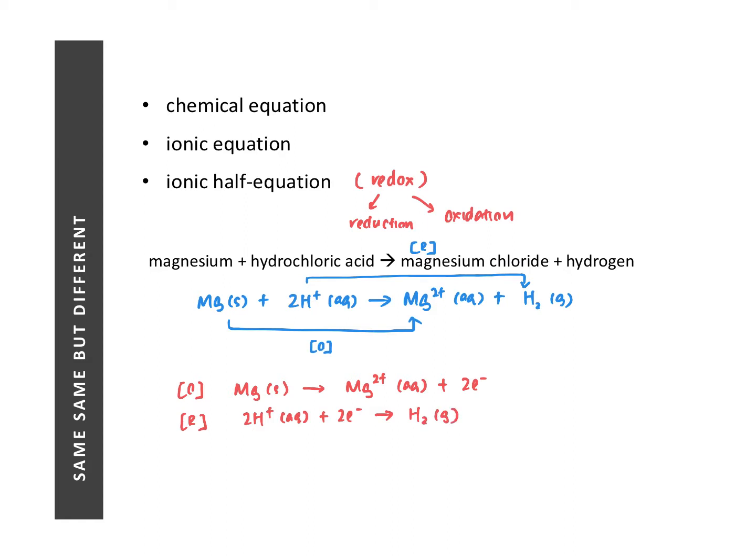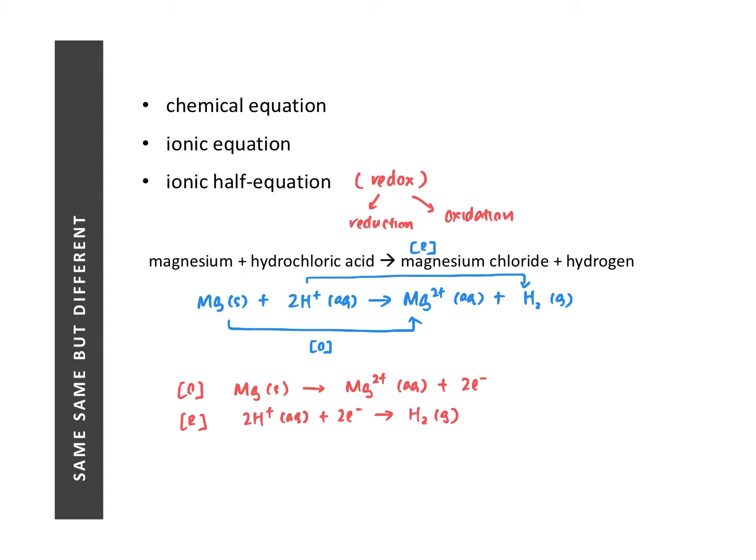So once again, when a substance gains electrons, it is reduced. So if a question requires you to determine which substance is oxidized or reduced by means of electron gain or loss, the best way to do it is to write the ionic half equation, because from the ionic half equation we can see clearly whether a substance has lost electrons or has gained electrons.